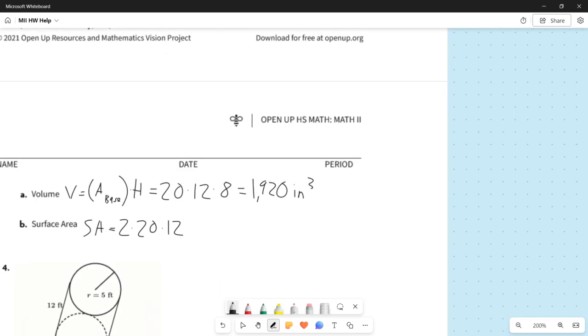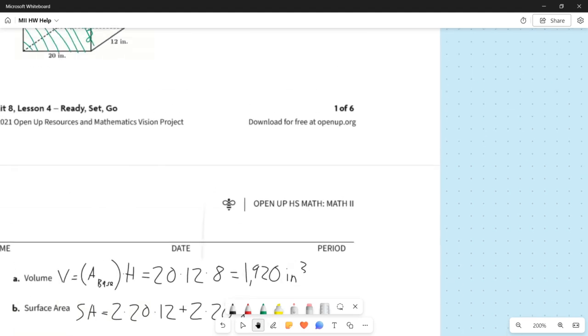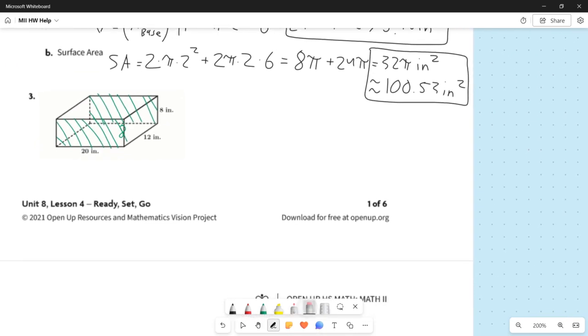So what I'm going to do is I'm going to add, right, because surface area is the sum of all of my areas. We have 2 rectangles that are both 20 by 8. All right, that accounts for the green section here. And then last but not least, the other pair of rectangles that we haven't accounted for yet is on the left and on the right.